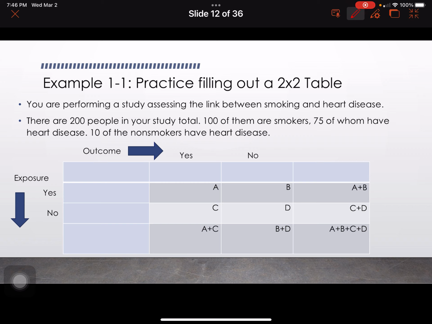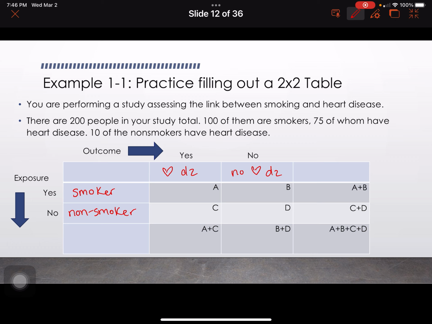We know our exposure of interest here is smoking. So we fill that out here. We also know that the outcome of interest is heart disease. So yes, heart disease, no heart disease at the top here.